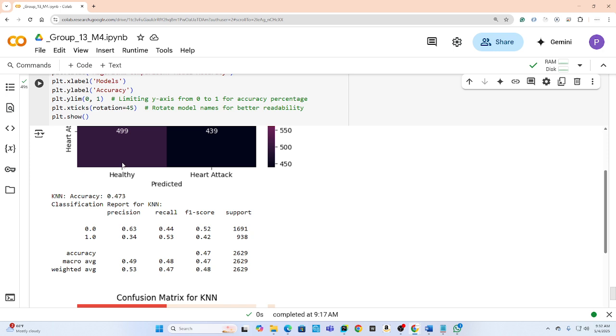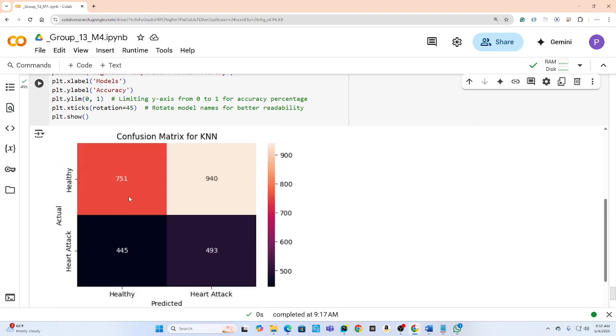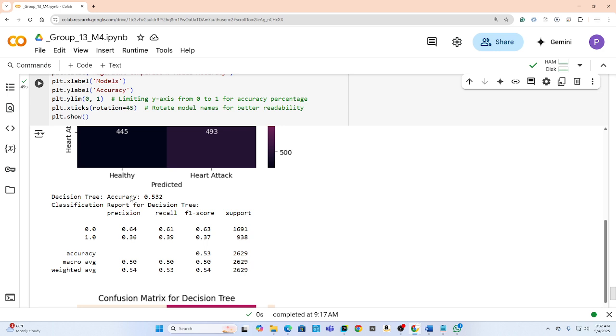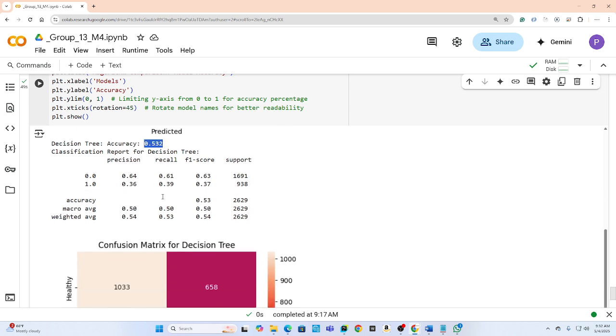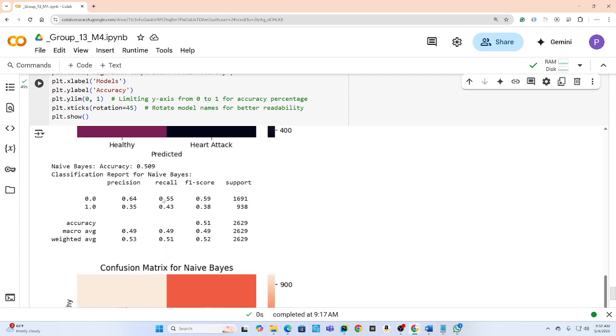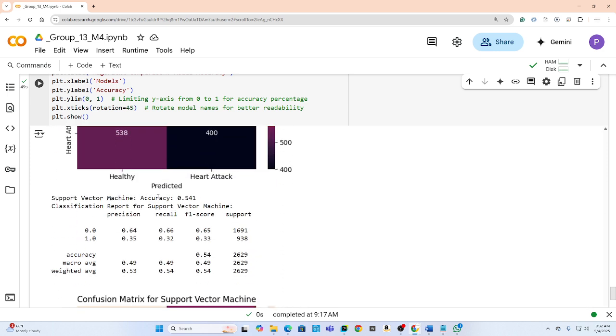And we see that the nearest neighbor algorithm has a 0.47 accuracy rate. And as we go to decision tree, the accuracy jumps a little higher to 0.5. Naive Bayes is 0.50, a bit lower. The support vector machine goes a bit higher at 0.54.